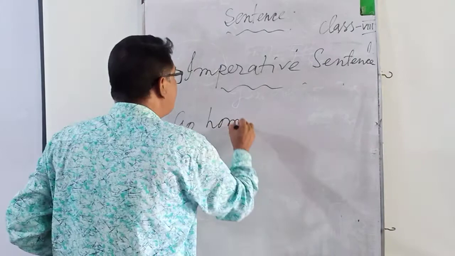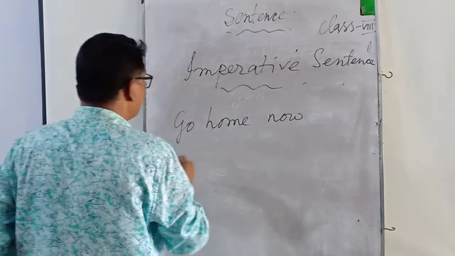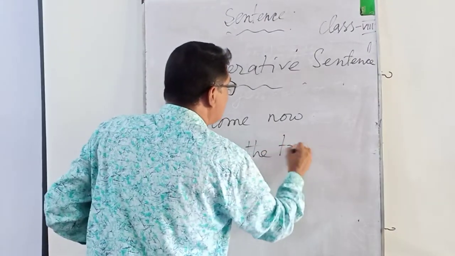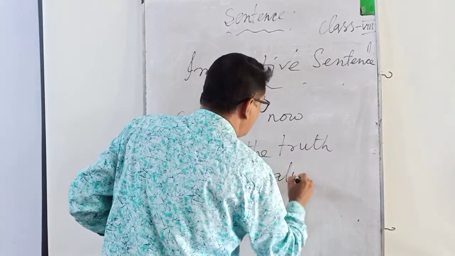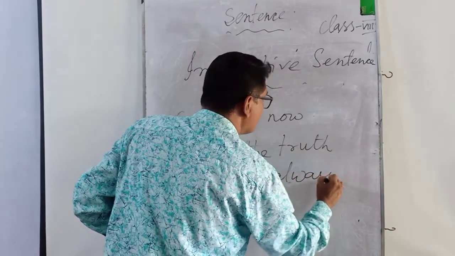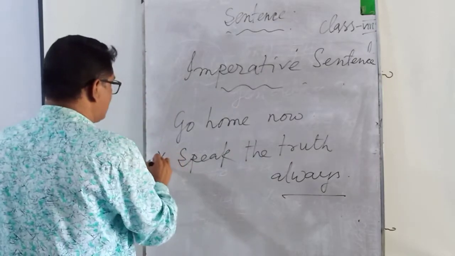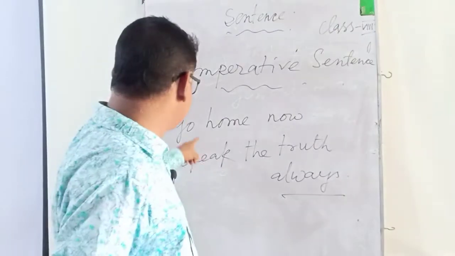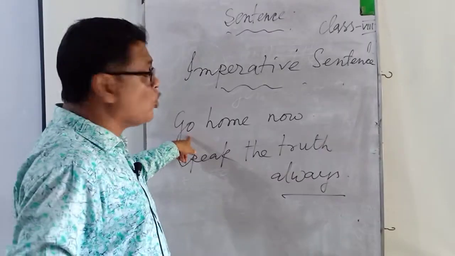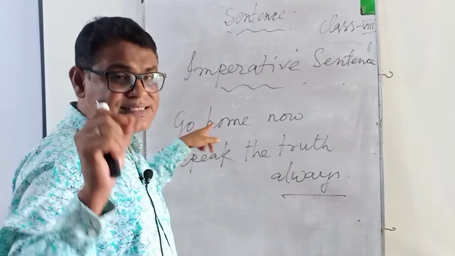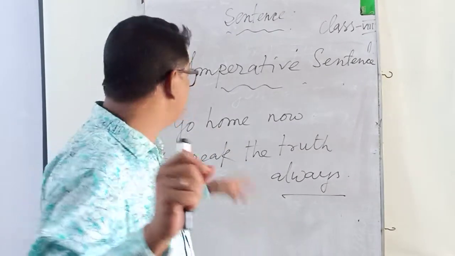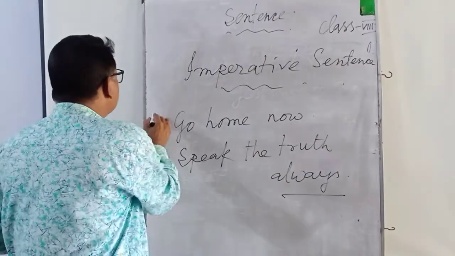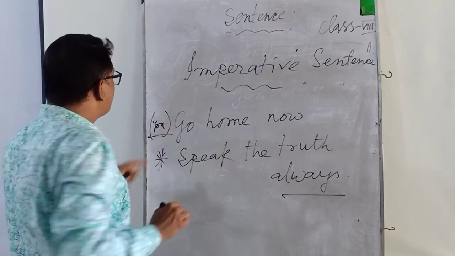Suppose: Go home now. Speak the truth always. You can use always first also. Understand? If I analyze this sentence, I see go, this is the verb first, and the sentence is started with a verb. There is no subject here; the subject you is not written here.